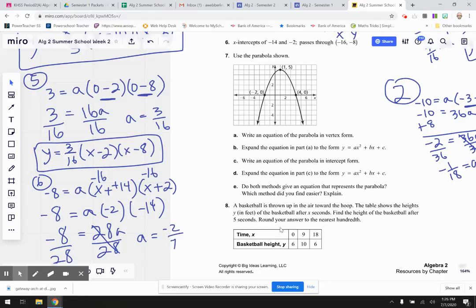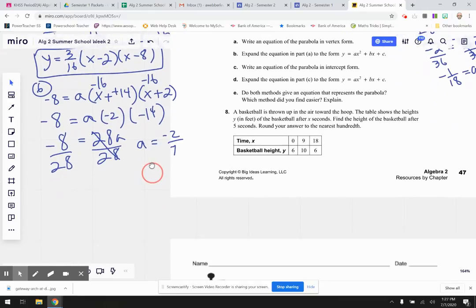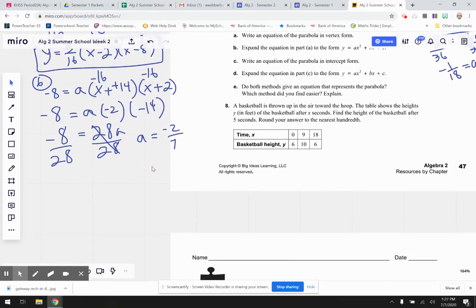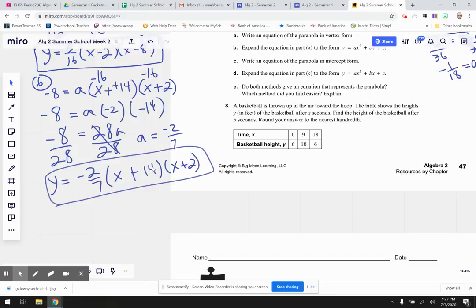So -2/7 is your a term. So when we plug that into our equation, you're going to get y equals -2/7 x plus your 14 and x plus your 2. So that would be your answer to 6.